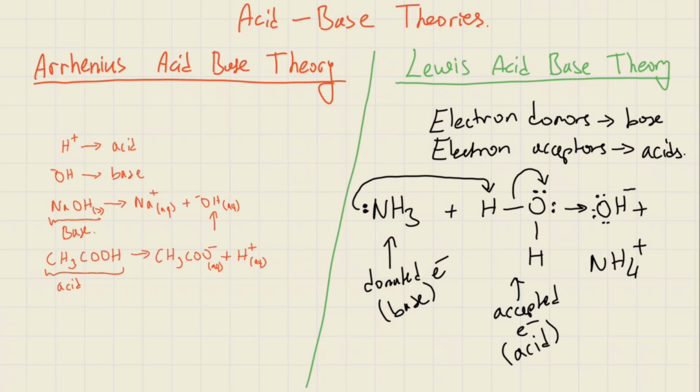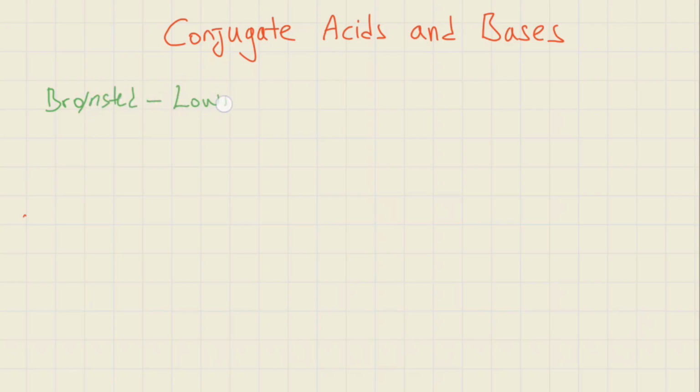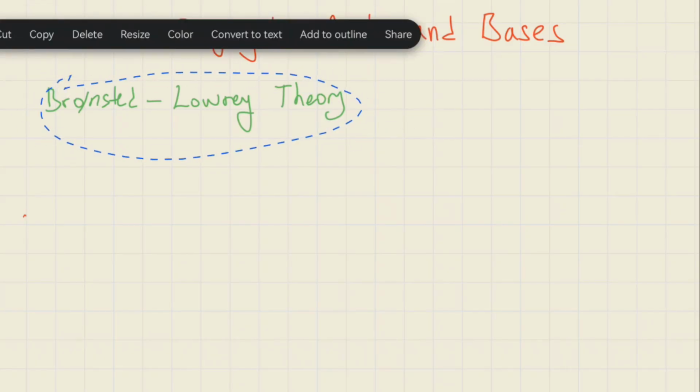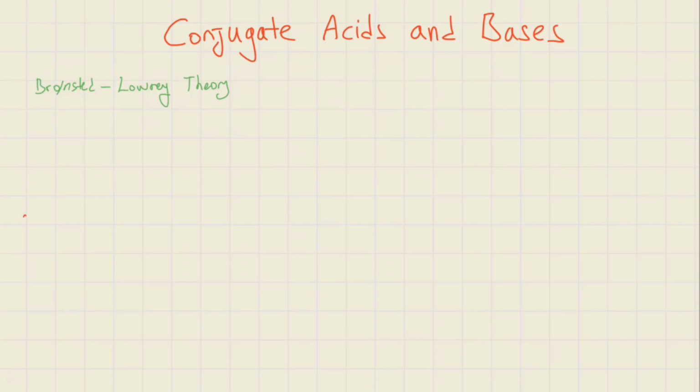But today I will go on to the conjugate acid-base theory, or it is also called the Bronsted-Lowry theory. In this theory, we have conjugate acids and bases. So again, I want to give an example. So acids, what is acid?